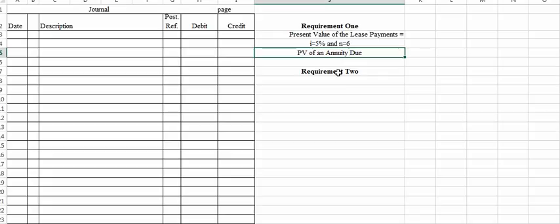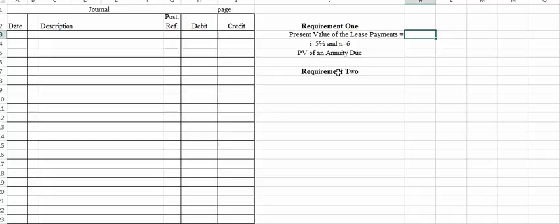And it's 10% for a year. So for half a year, it's 5%. So we come down to 6 periods in the left-hand column, come across to the 5% column, and I get 5.32948.